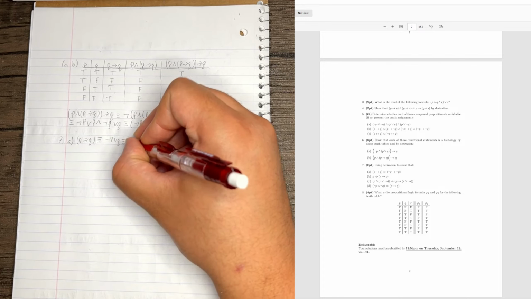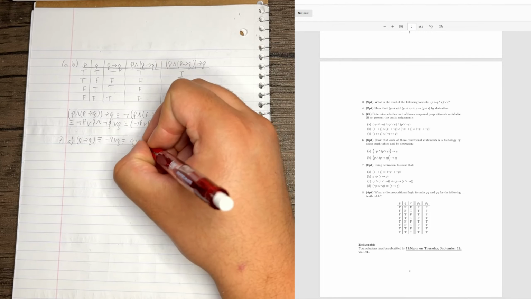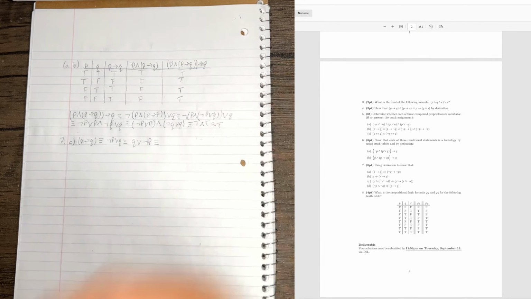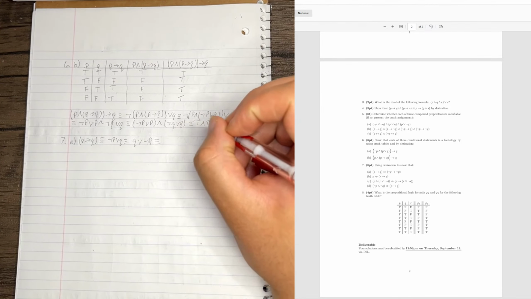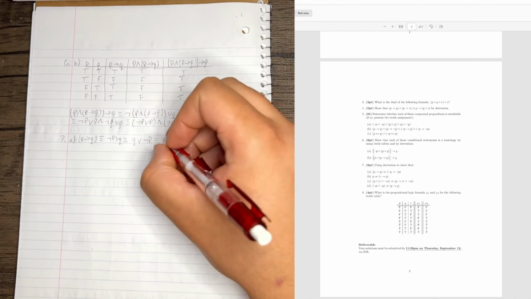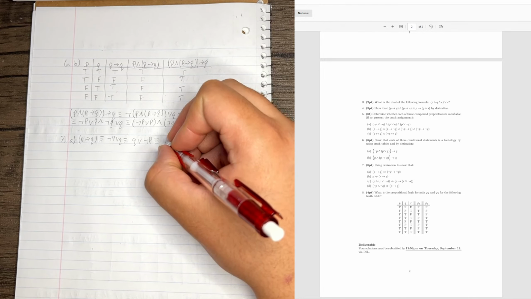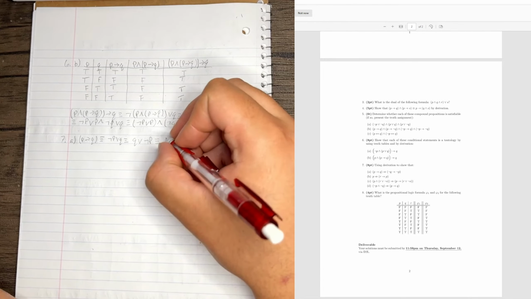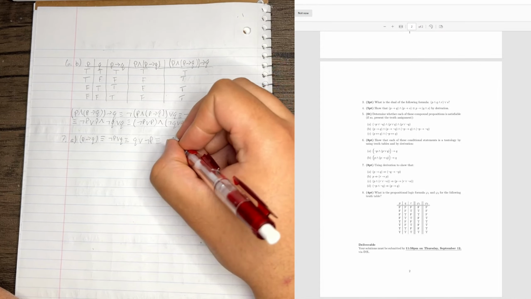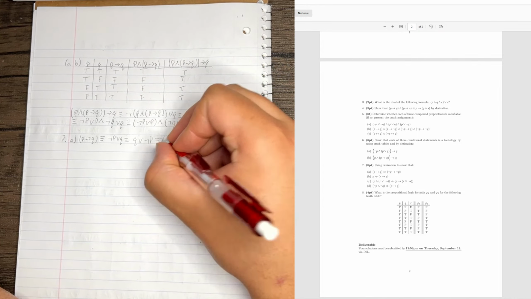And just pull that Q or not P, which is the same as saying not Q. Not it.